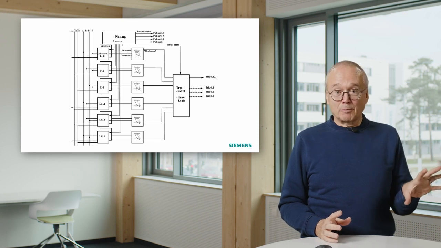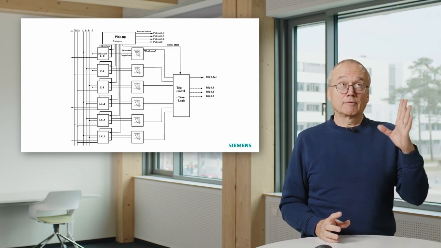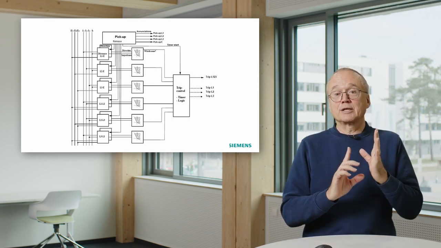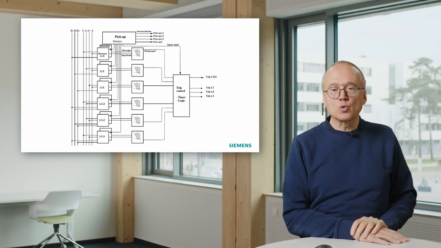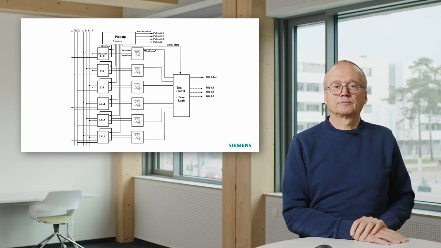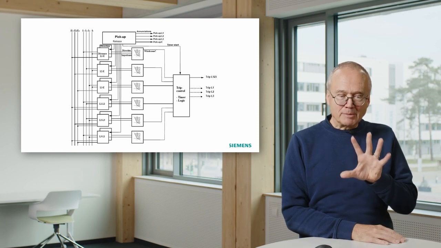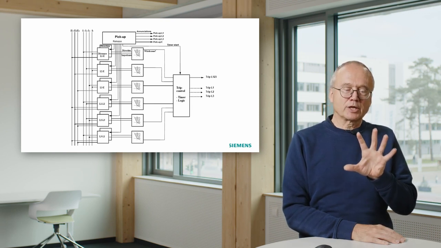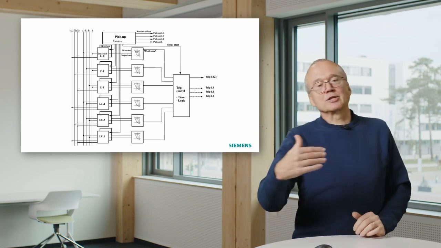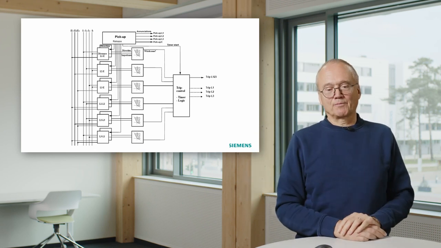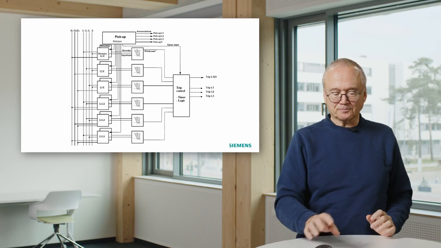We see what type of fault we have, phase 2 to ground fault, and then you give a trip command only to phase 2 of the breaker. That means protection relays which are able to do single pole auto-reclose have, in addition to the 3-pole trip, also single pole trip commands.